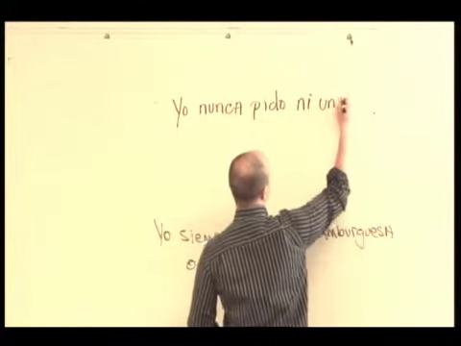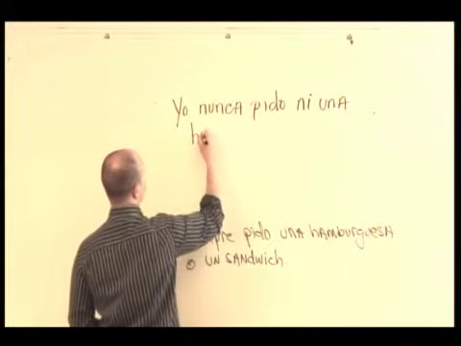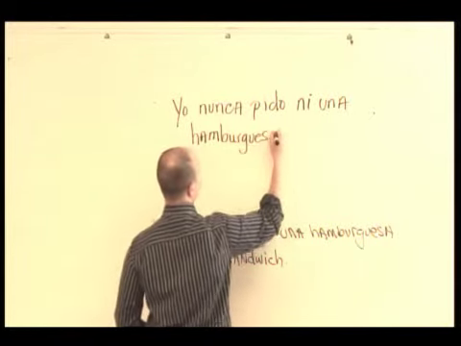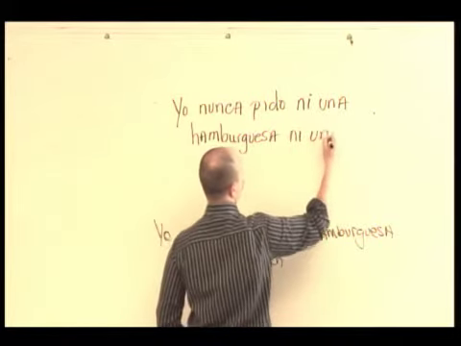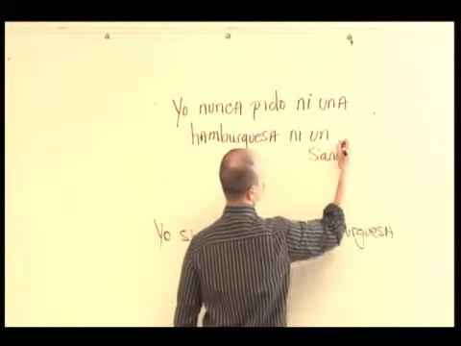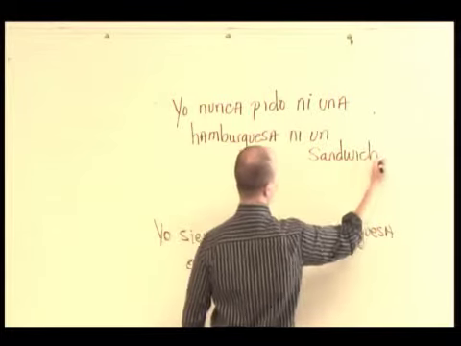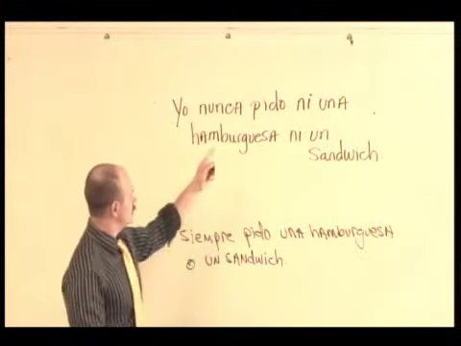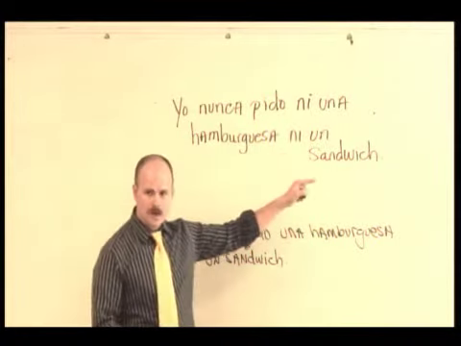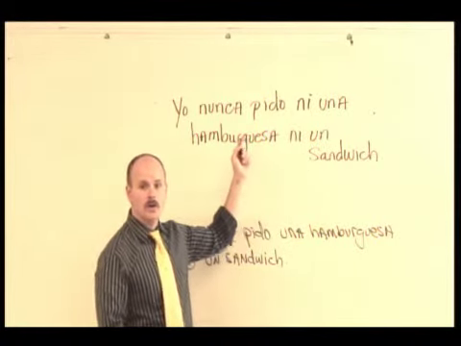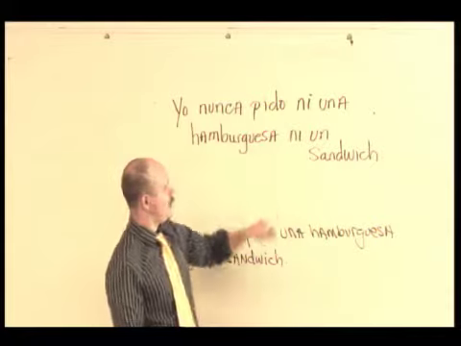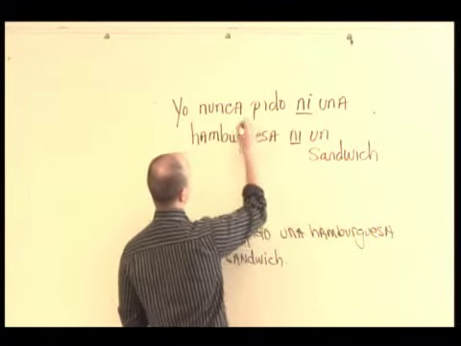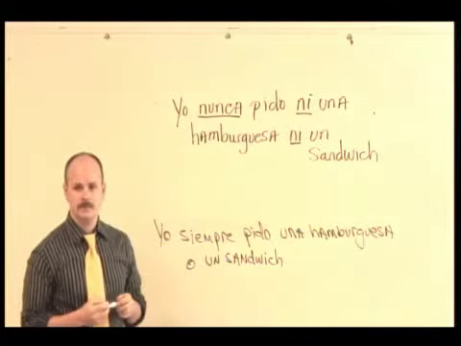Ni una hamburguesa, ni un sándwich. So I never order a hamburger or a sandwich, or I order neither a hamburger nor a sandwich. Just remember, in Spanish, negative all throughout.